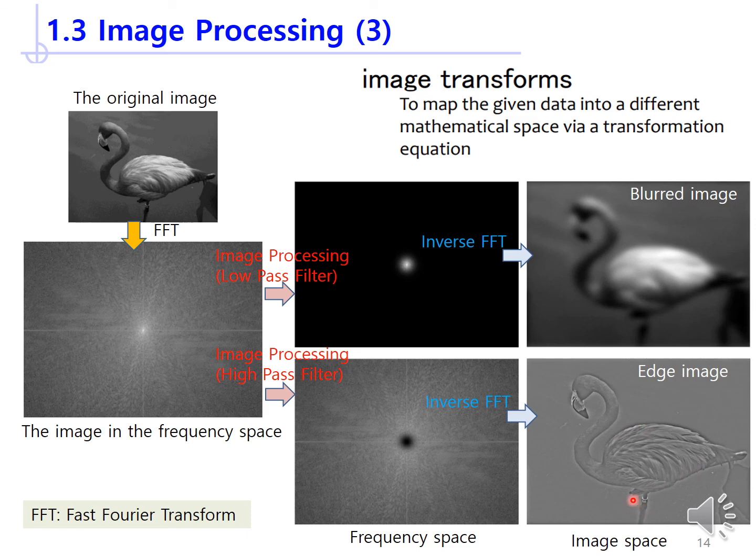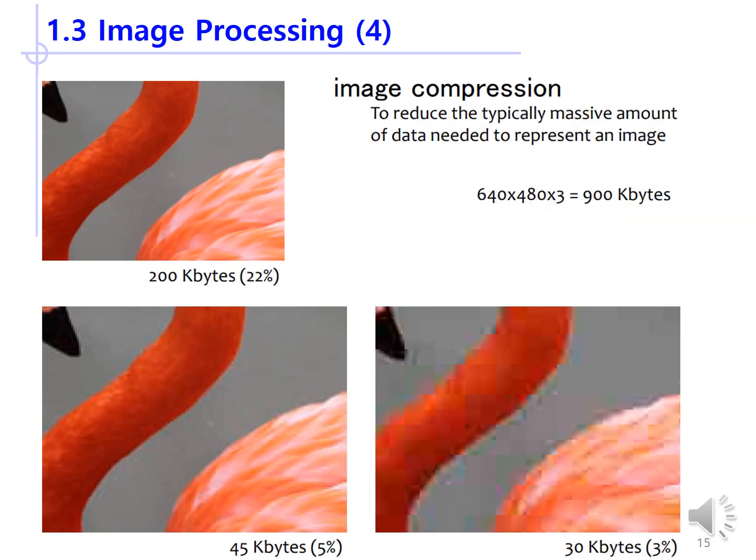You can see the edge is highlighted here. There are many high frequency components in an edge image. So this FFT transformation is usually used to extract edge images.